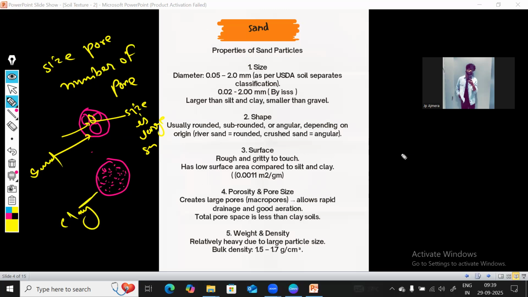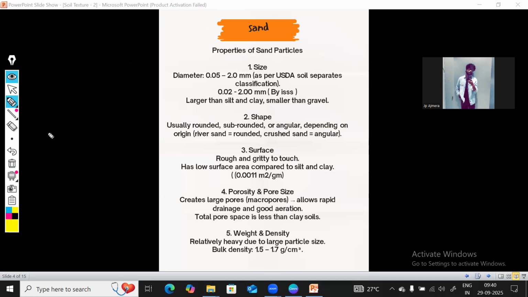What is the scenario? In the case of sand, with three particles here, this is the space.